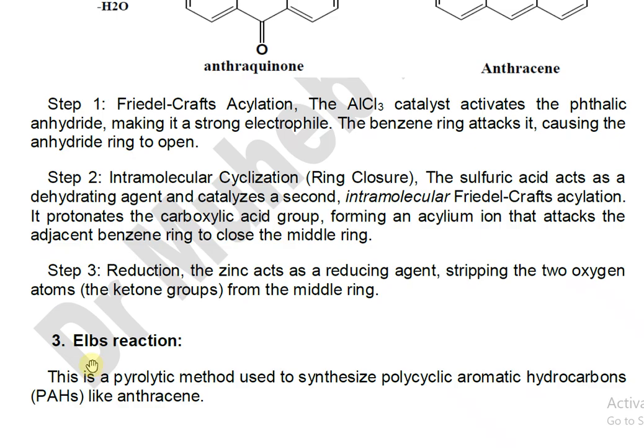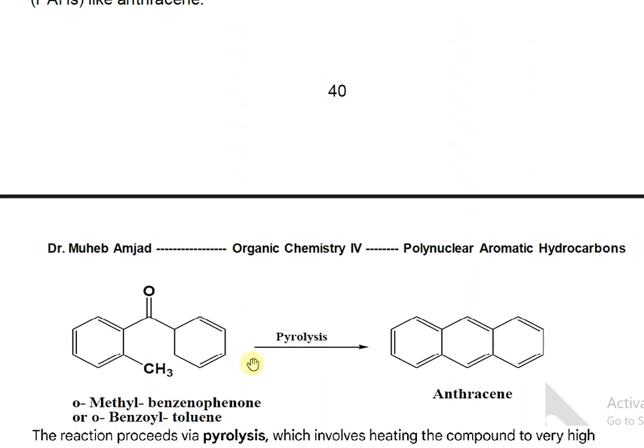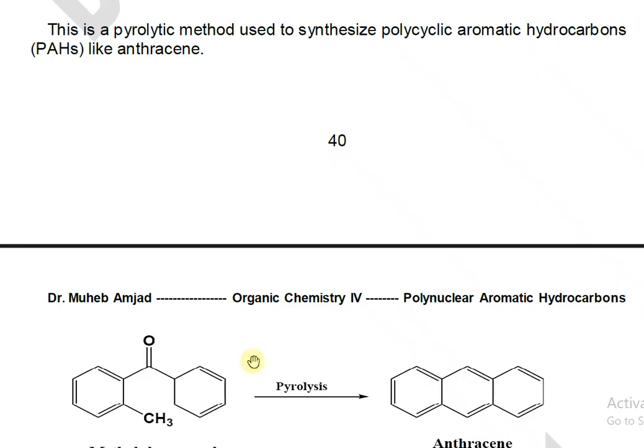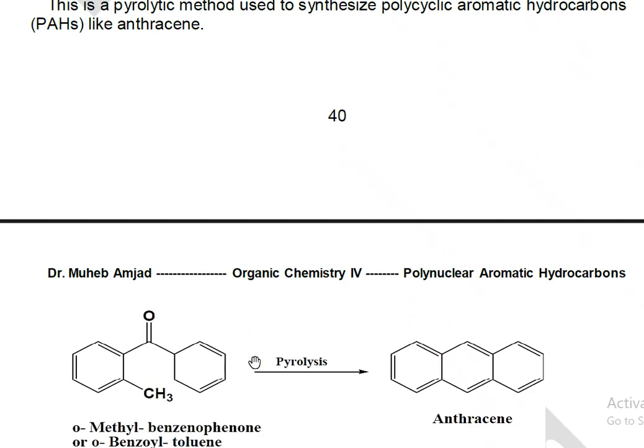The third method to prepare anthracene is the Elbs reaction. This is a pyrolytic method used to synthesize polycyclic aromatic hydrocarbons like anthracene. What is this method? If we look here, pyrolysis.